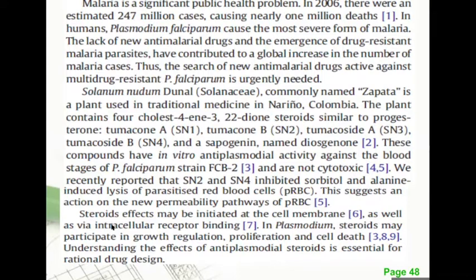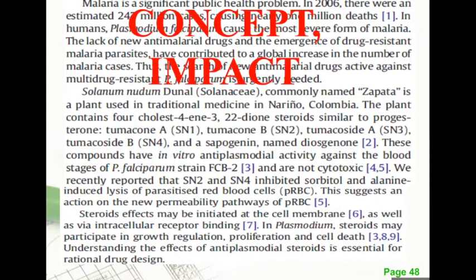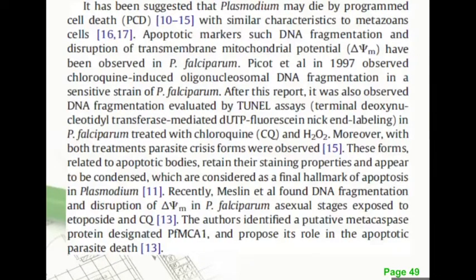And then it talks about steroid effects on the cell membrane and its effect in Plasmodium. So for the first paragraph, it talks about the whole concept, talks about the problem, and that will be the main target of the research.